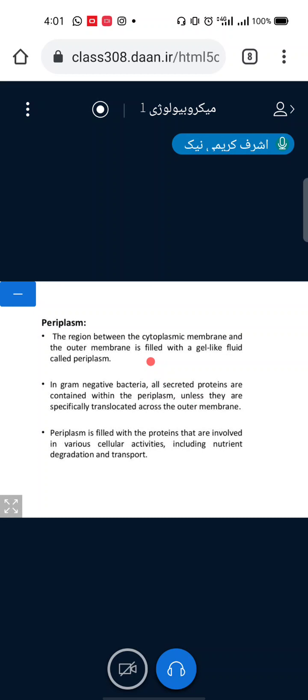In the previous slide, you saw degradation enzyme. Periplasm is related to nutrient degradation and transport because of its specific enzymes, specific material.